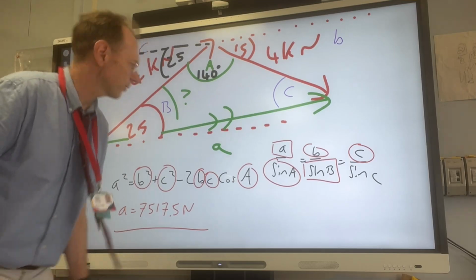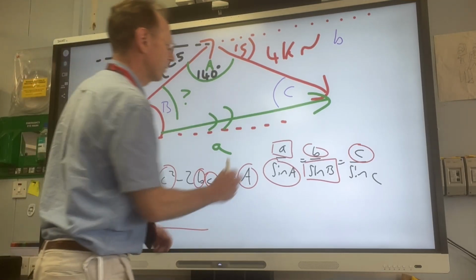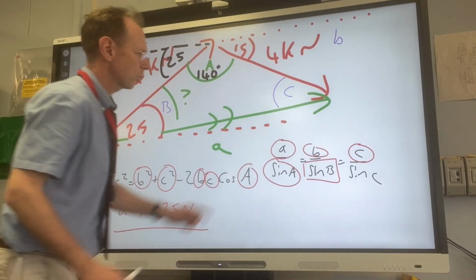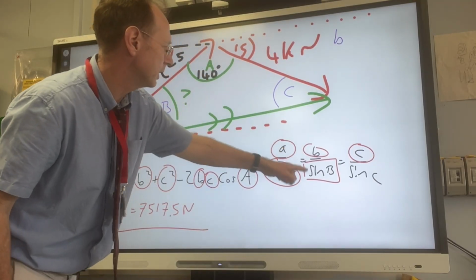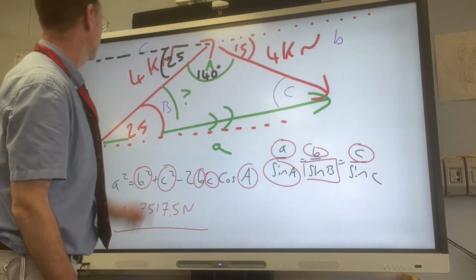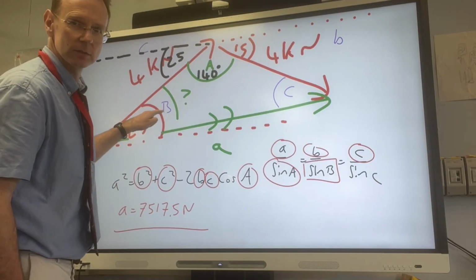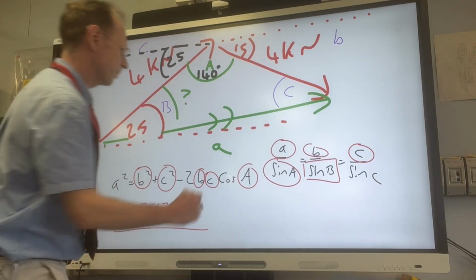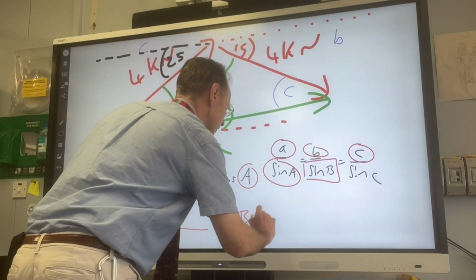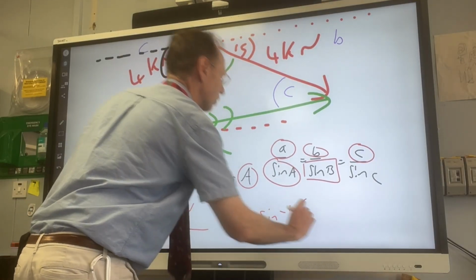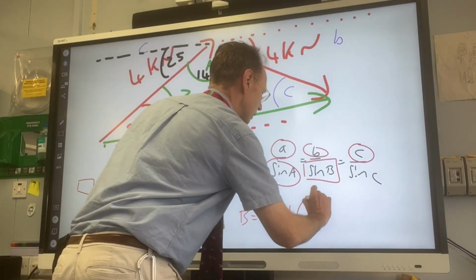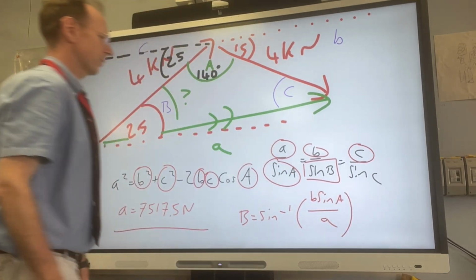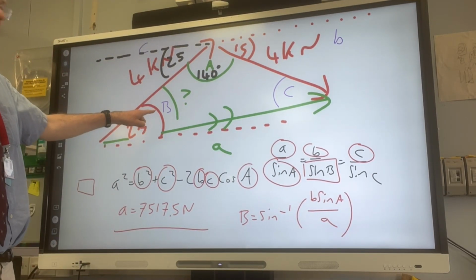But now we have A. We have A, we have sine A, we have B, so we can work out sine B. This will give us this angle, right? B is sine to the minus 1 of B sine A over A. And that'll give us this angle.